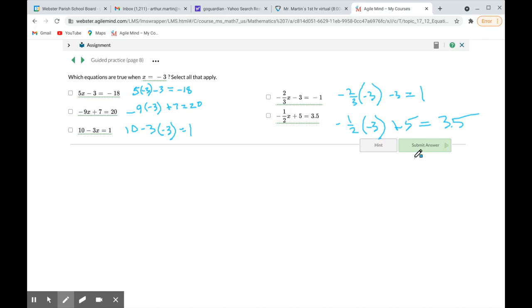All right, so looking at this first one. Kaylee, what's 5 times -3? What's 5 times 3? 15. All right, so we get -15 minus 3. That's the same sign. So -15 minus 3 is the same thing as saying -15 plus -3, which is negative what?